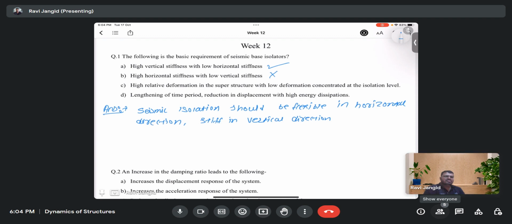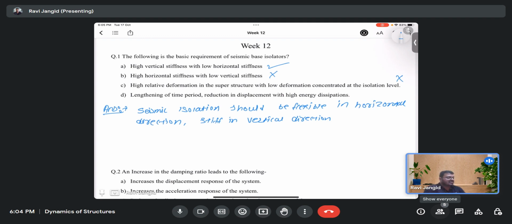No, sir, isolator level deformation should be more and superstructure deformation less. Yes, whatever deformation comes is taken by the isolator level, so that option is also wrong.